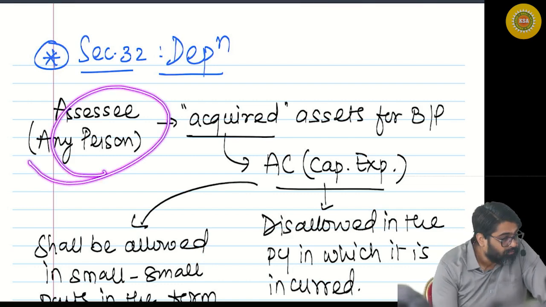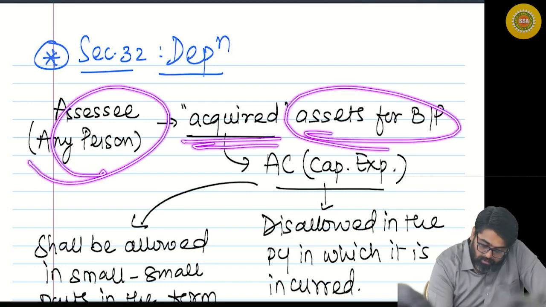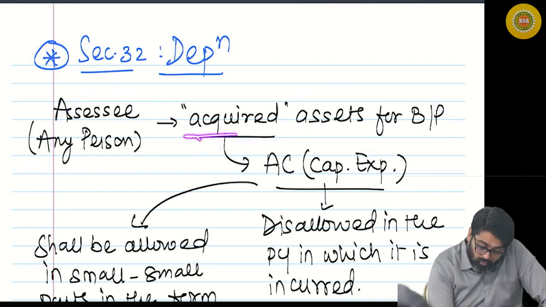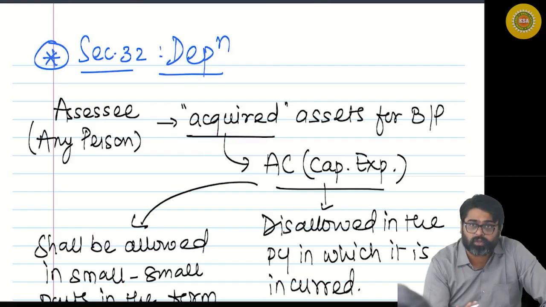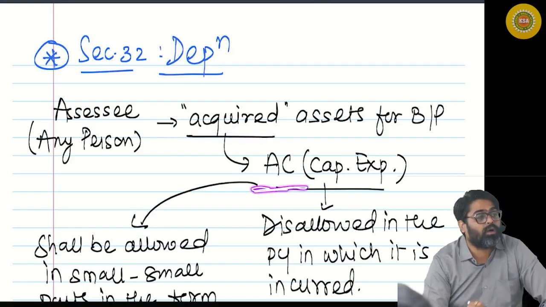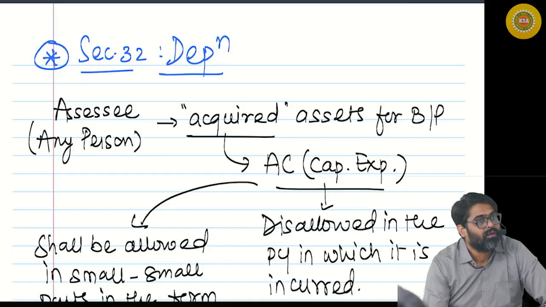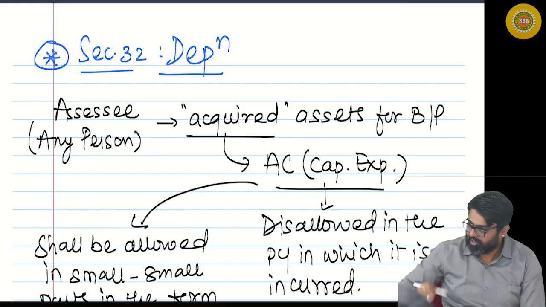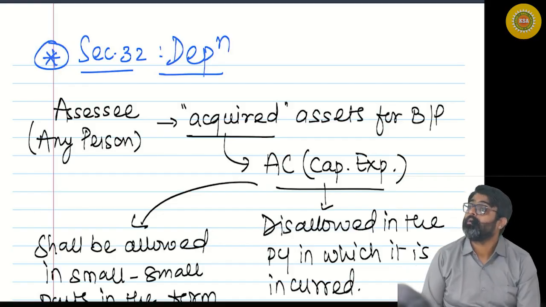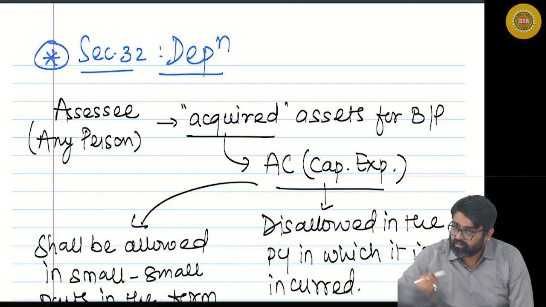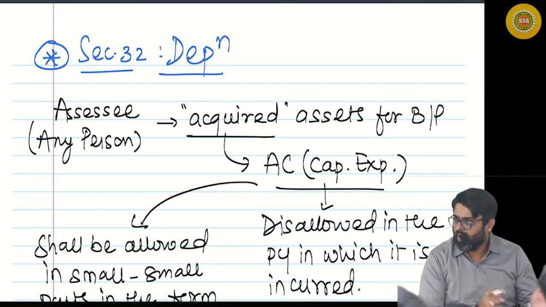So, are you an assessee? Have you acquired assets for the purpose of your business or profession? To acquire this asset, you might have incurred some cost, known as actual cost. Do you incur this type of cost on a regular basis? No. This is not a revenue expenditure.